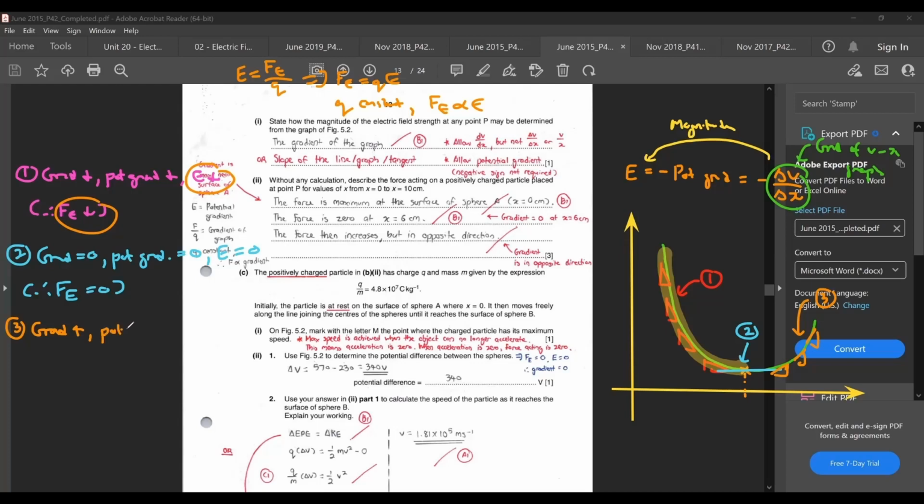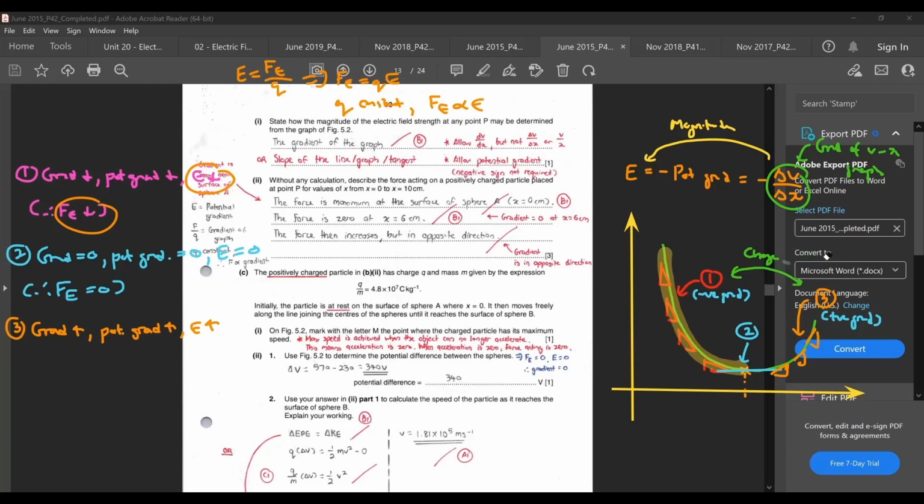So my potential gradient is increasing. My E is increasing. Okay. But be careful about the direction of your gradient now. For the first point, the gradient is a negative gradient. But for the third point, this one is a positive gradient, right? So between 1 and 3, you actually have changed direction.